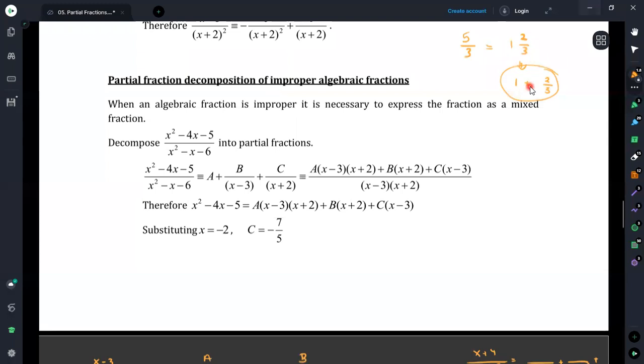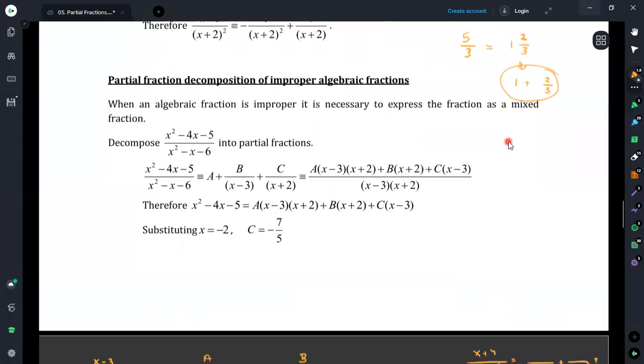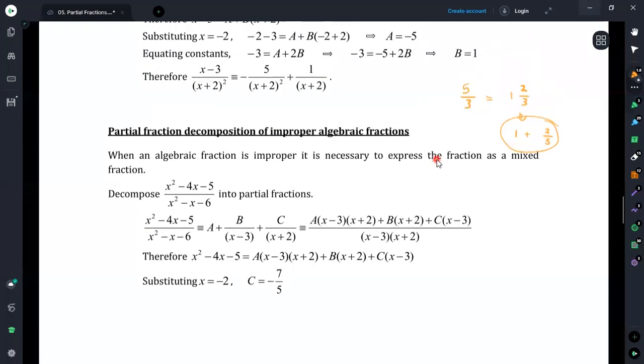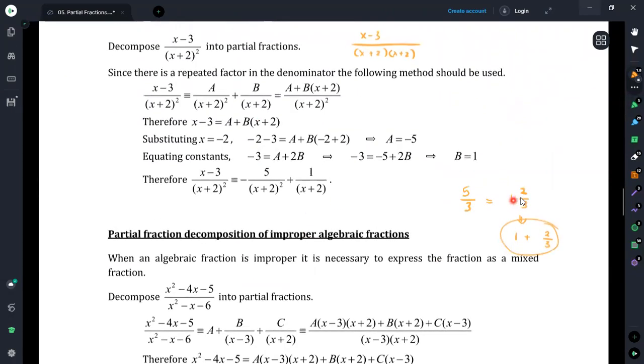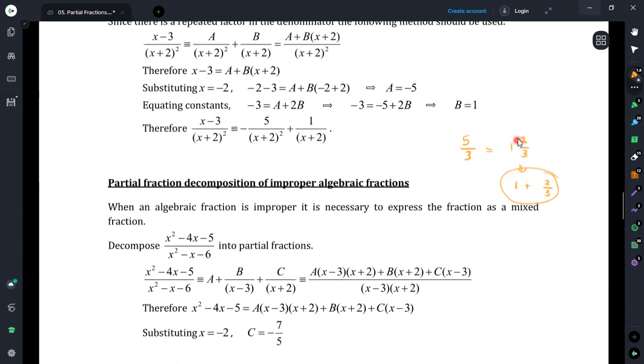Therefore, using this concept, combining with the concepts that we have used previously, we can consider decomposing into partial fractions if we are having an improper algebraic fraction. I told you that we can use these three methods. It is because if you are having a mixed fraction, then the whole part is an addition with another proper algebraic fraction.